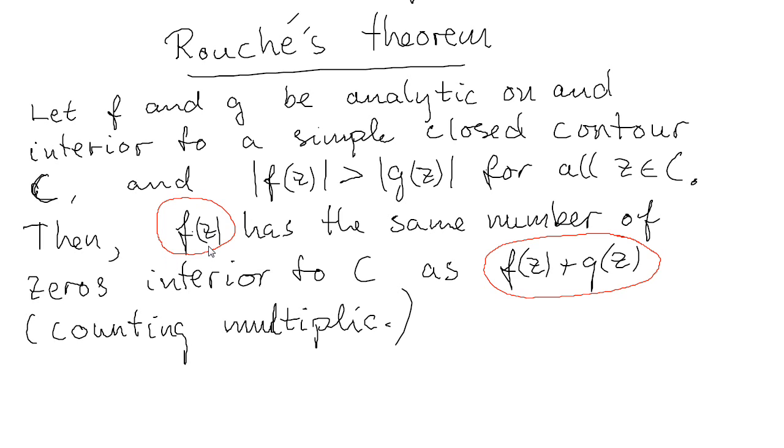Then the function f of z, which has larger absolute value, has the same number of zeros interior to C as the sum of these two functions. And again, we are counting multiplicities.